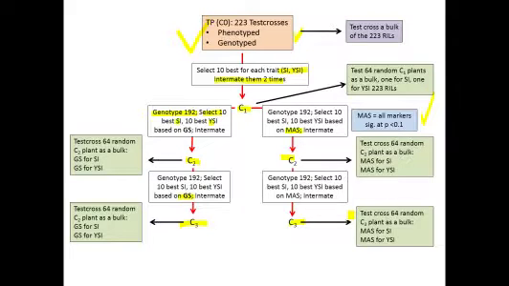It gets a little more complicated when we look at how they're going to phenotype the selections. I'll just go through one of these. Here they have quite a few selections in the cycle 3. They took 64 of them at random, created a bulk from them, and did a test cross using the bulk of C2 plants as a bulk.